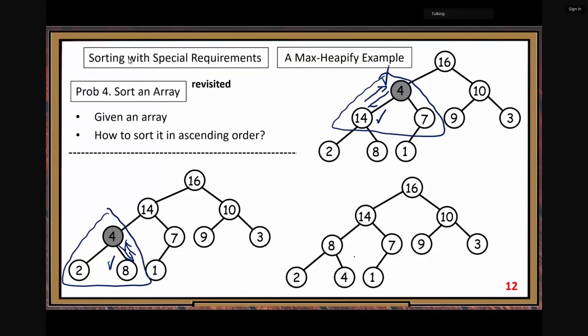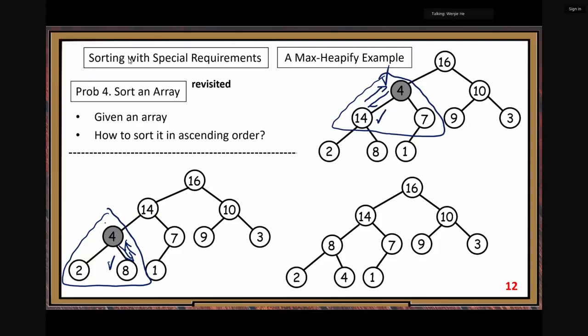Then we're done. Or otherwise, not necessarily you hit the bottom. If somewhere in the middle you check the violation and there is no violation, then you can make it clean.